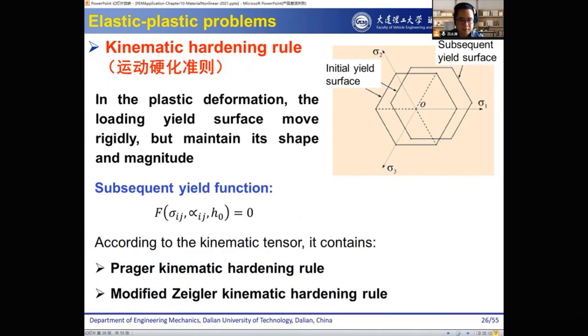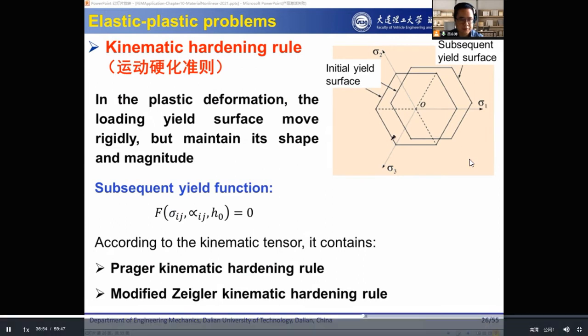The second type is the kinematic hardening rule. In the plastic deformation, the loading yield surface moves and maintains its shape and magnitude, as you see in the figure here. This is kinematic: it will move, but the magnitude and the shape stay the same.